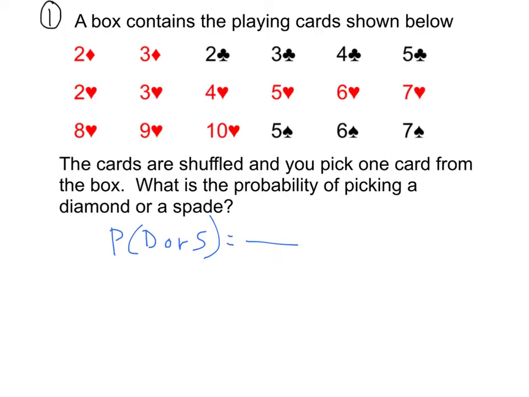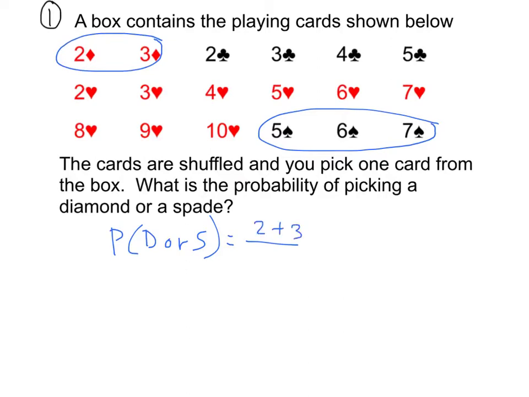How many ways are there to pick a diamond or a spade? Well, there's 2 diamonds here, and there's 3 spades, so there's 5 total ways, right? Or you could think of it as 2 ways plus 3 ways, which makes sense. There's a total of 5 ways, 5 ways out of 18. So that probability is really simple.